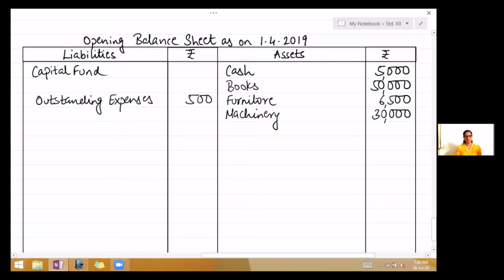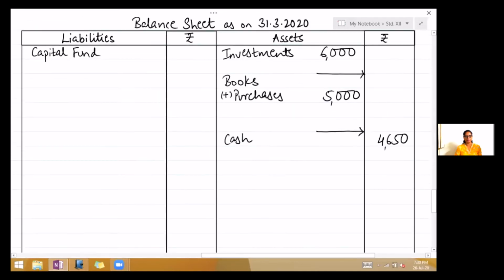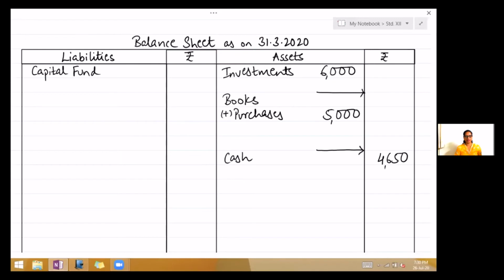Now these assets continue. So in the closing balance sheet, we have written there books and we had left that line blank. So against that, you will write 50,000. Then you have furniture. So below cash, write furniture. There is an adjustment.